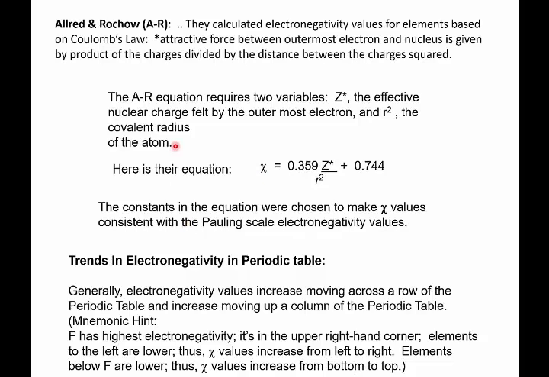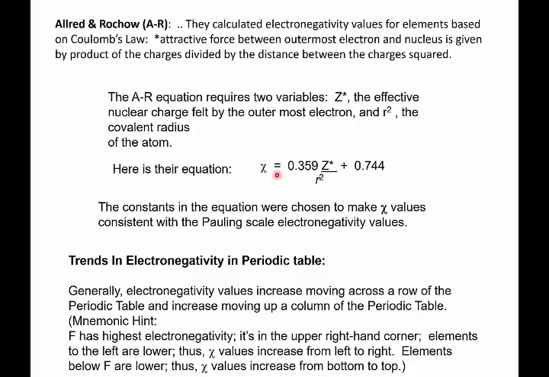Now, what it comes down to is this. It's a question of the outermost electron, how far it is from the nucleus, and what the effective nuclear charge is that is felt by that outermost electron. So the key equation of theirs is shown here.